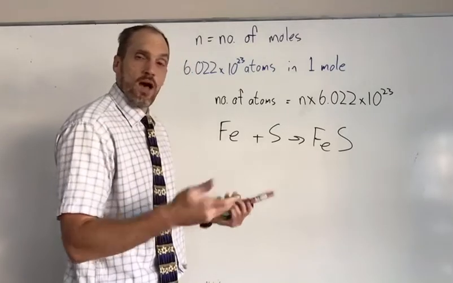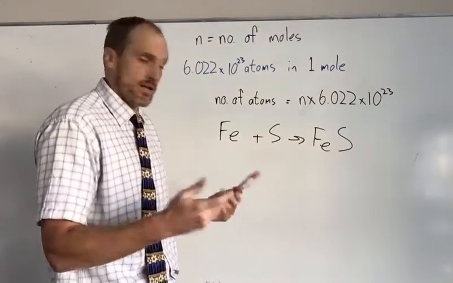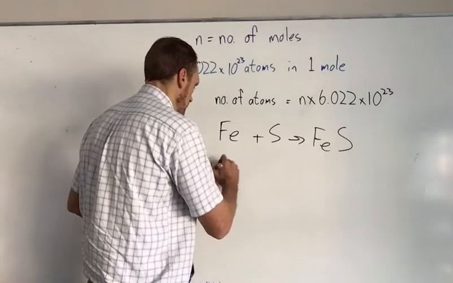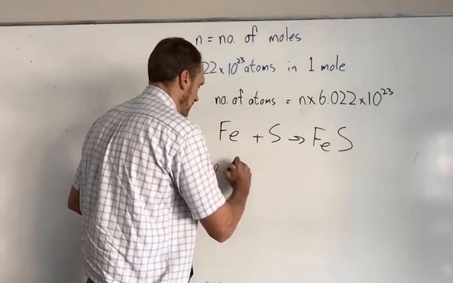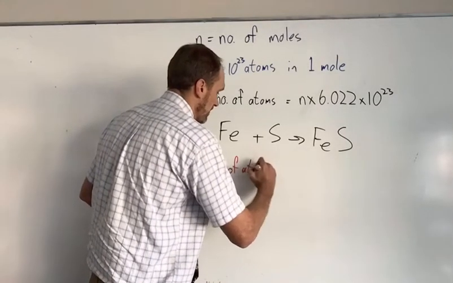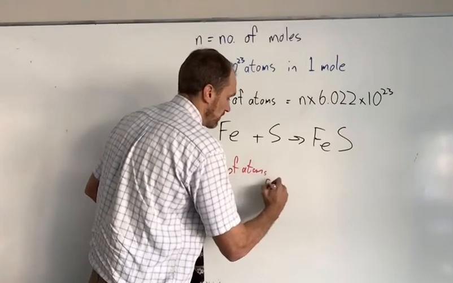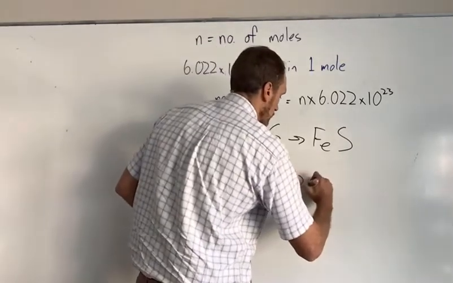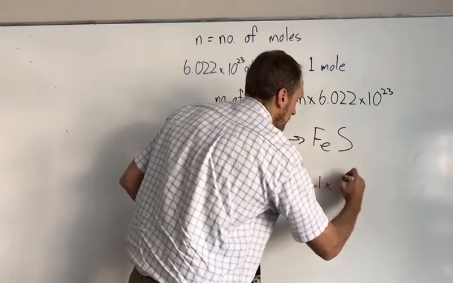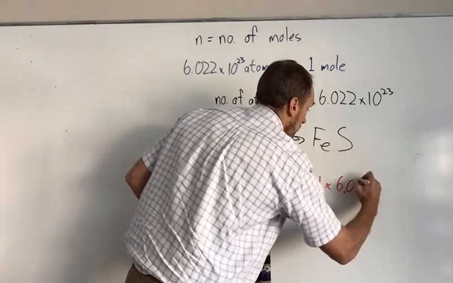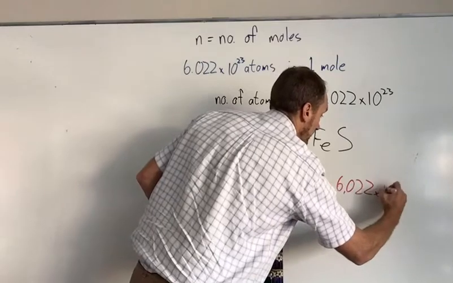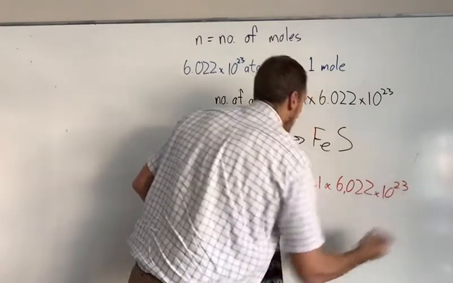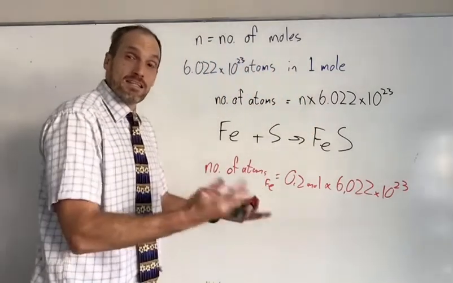So we can work out how many atoms of iron we have present. Let's write it out. We have the number of atoms of iron, and that will be 0.2 moles present, multiplied by Avogadro's number, and that will give us the number of atoms that are present.